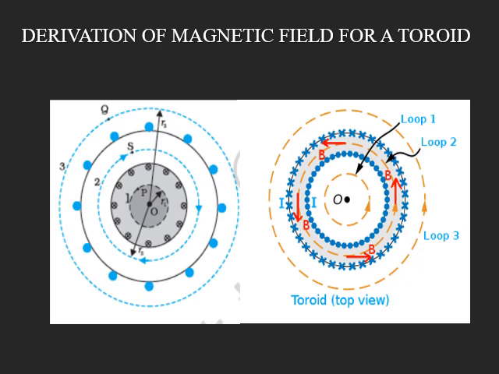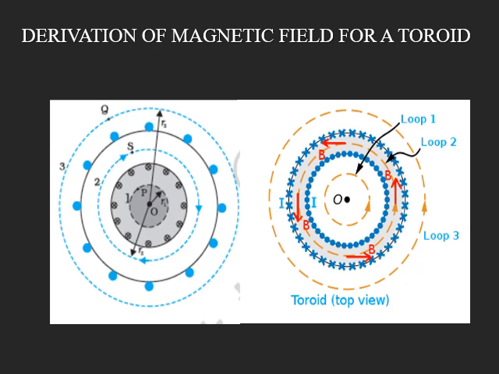Apart from this, we have considered three different dotted lines. The first one is inside, that is loop 1. That is the first Amperian loop that we are considering. The second loop is within the toroid where there is magnetic field. The third loop is outside the toroid, that is loop 3.